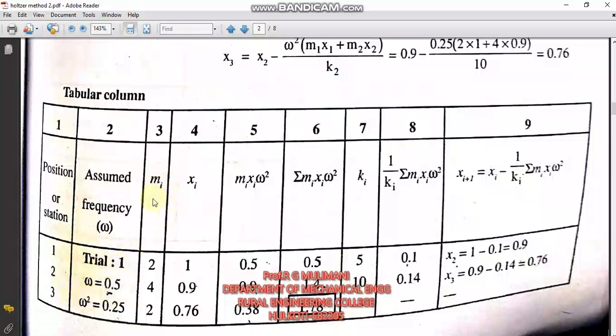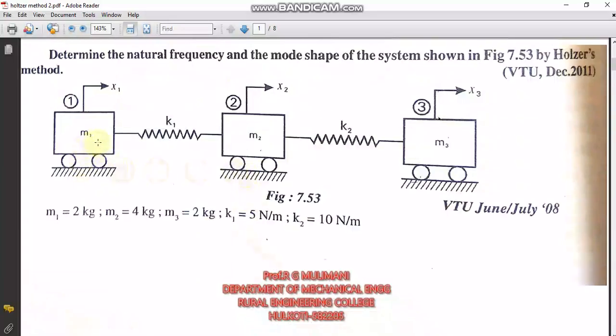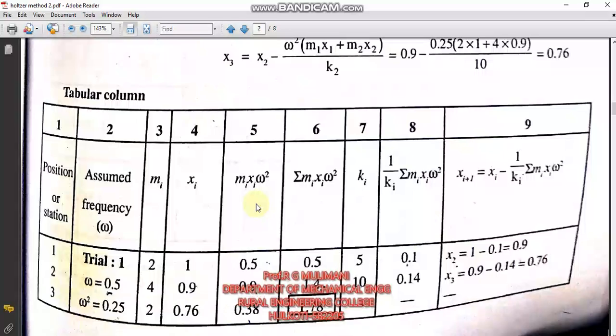Next, masses. What is the mass at position 1, position 2, position 3? It is 2, 4, 2. We will see in the figure. m1 is 2 kg, m2 is 4 kg, m3 is 2 kg. So the masses are 2, 4, 2.